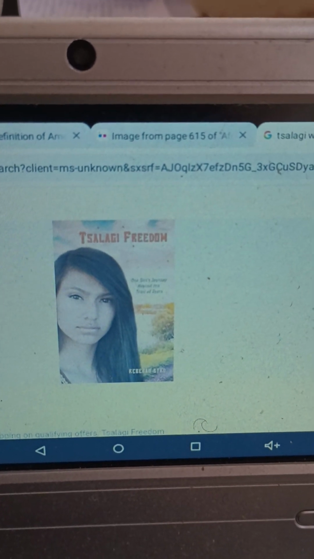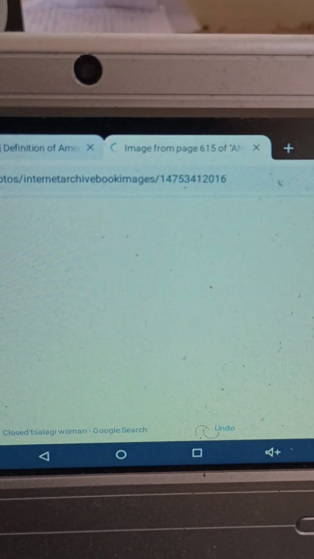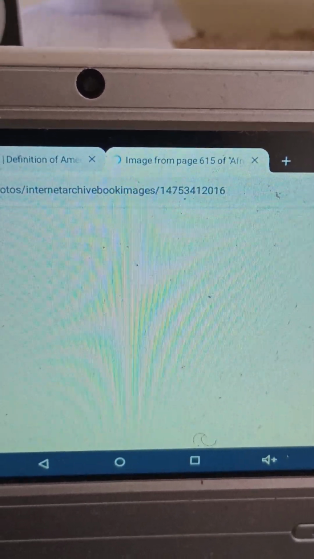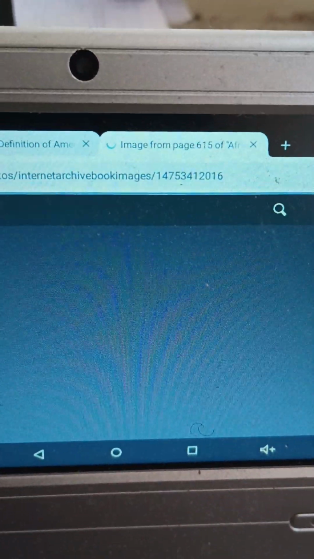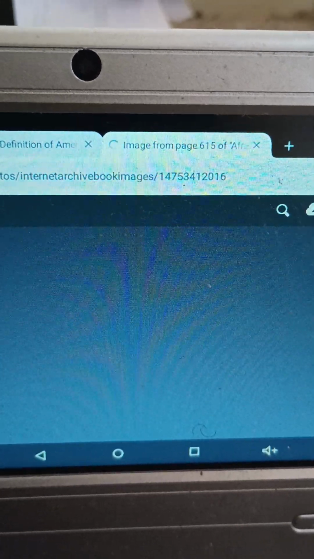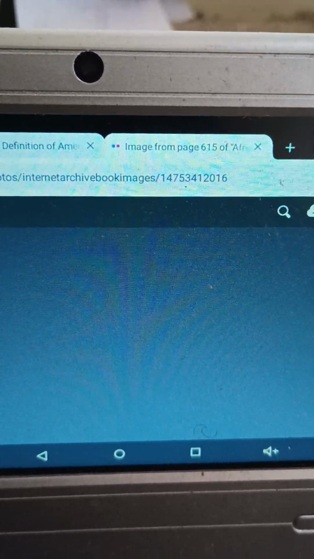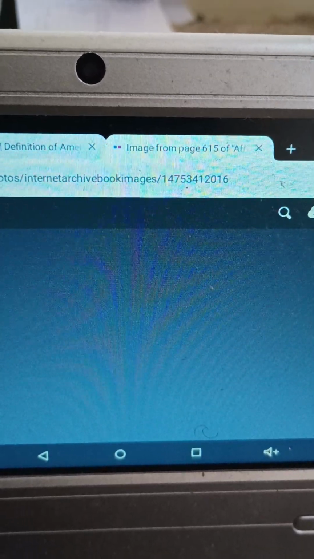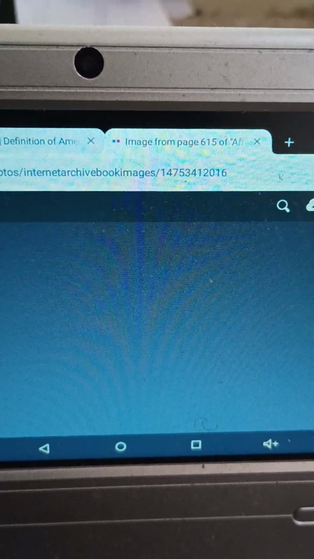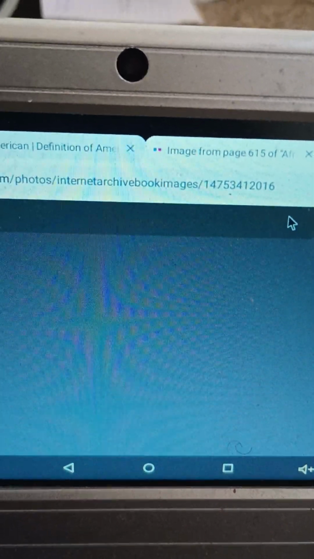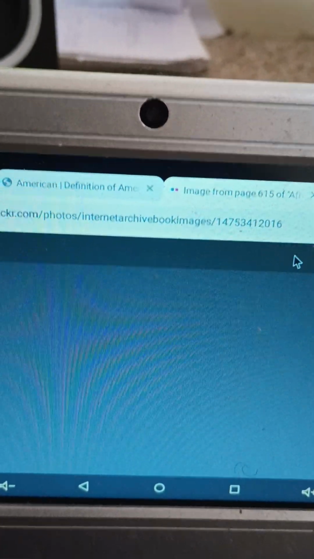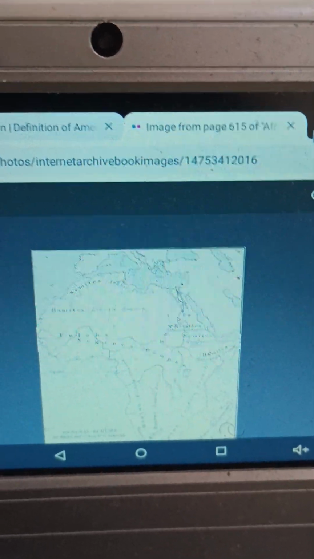closing this out. This might be it. If it doesn't open. Okay, so that's not, this would be for something else.